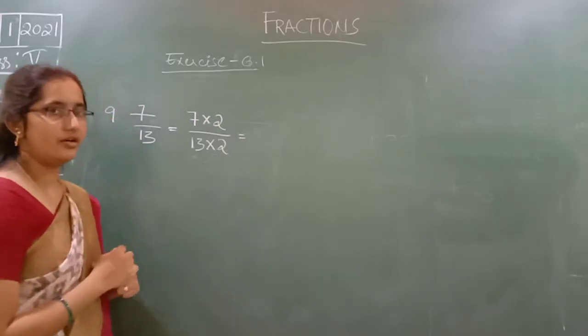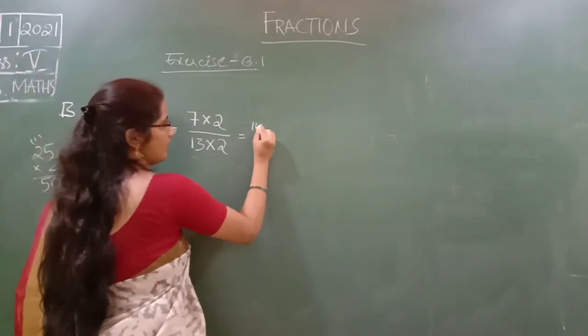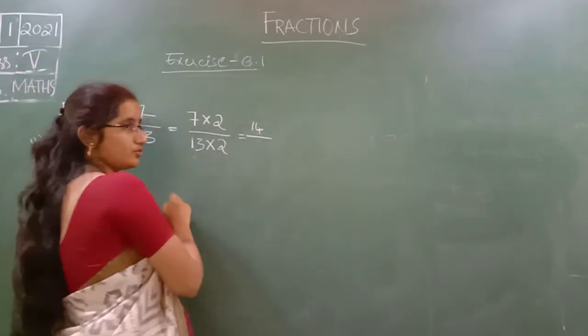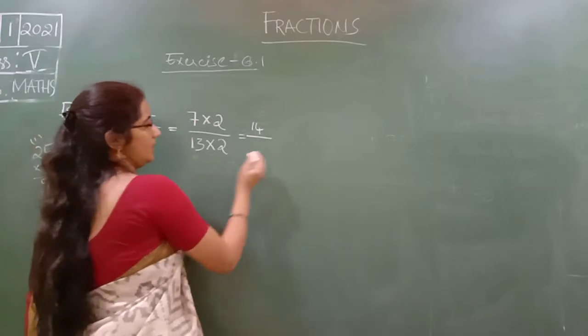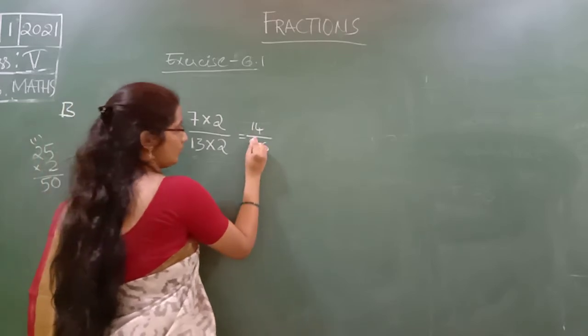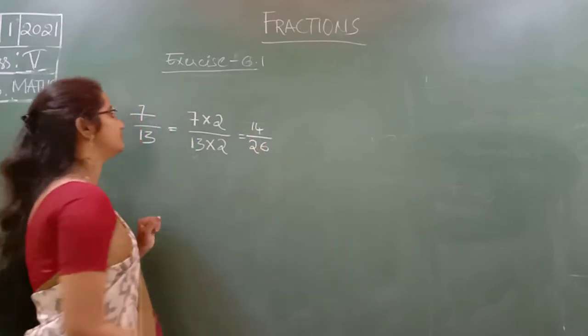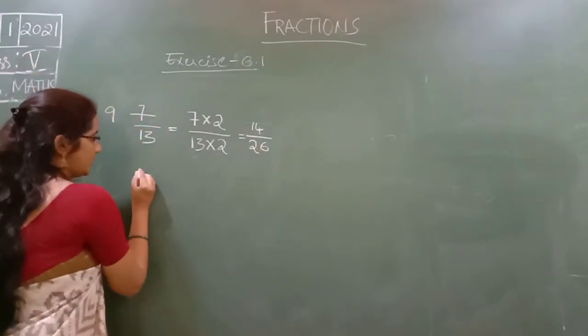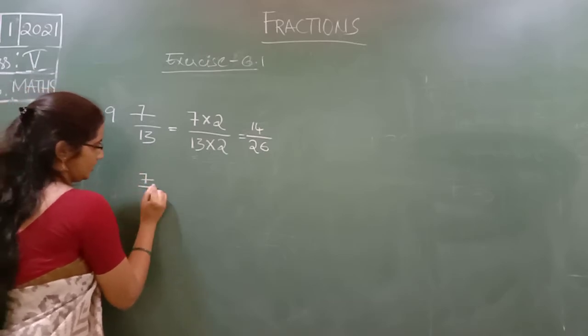7 2s are 14. 13 into 2: 2 3s are 6, 2 1s are 2, 26. Then we will take another one. 7 by 13.